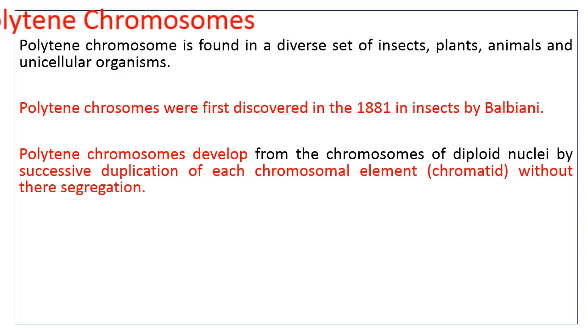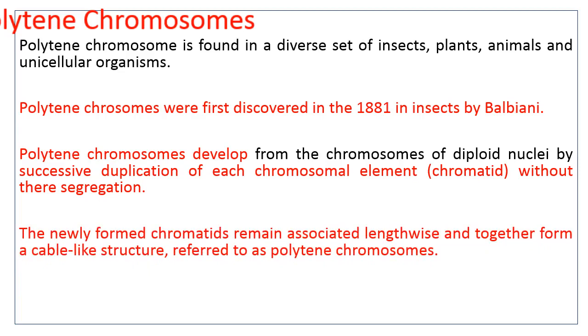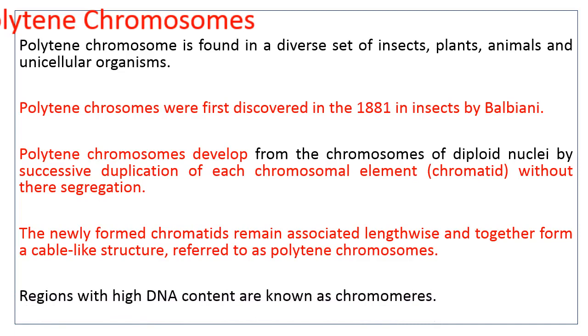In polytene chromosome, the sister chromatids remain attached along the entire length and form a thick chromosome thread that is known as a polytene chromosome. The newly formed chromatids remain associated lengthwise and together form a cable-like structure referred to as polytene chromosomes. Regions with high DNA content are known as chromomeres.